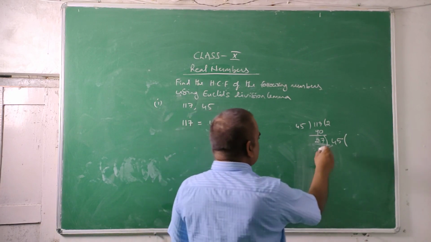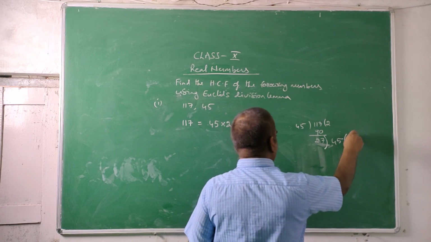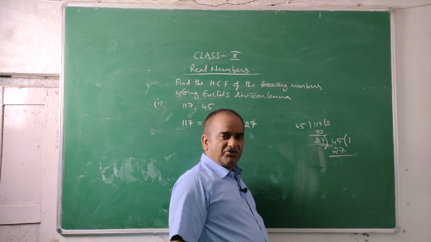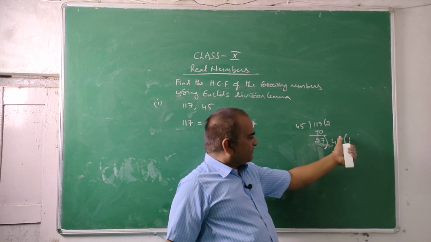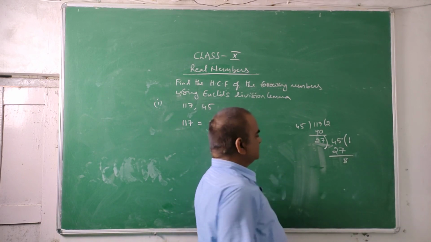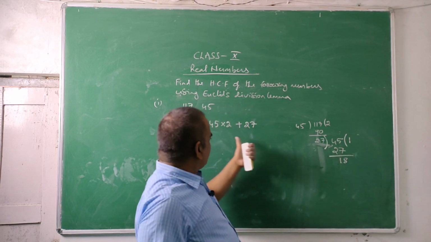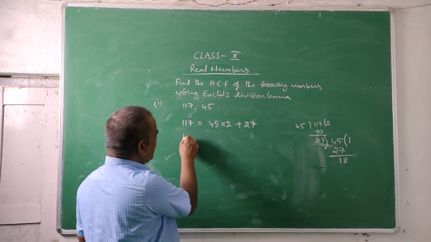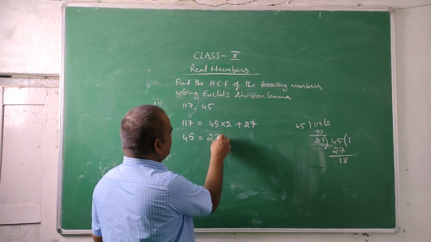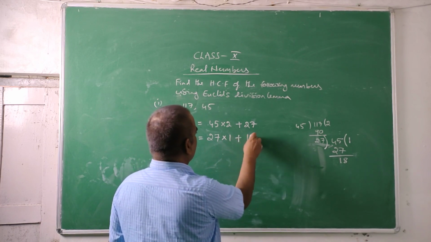Then 27 2s are 54. So you can only take 27 1s are 27. Now 15 minus 7 is 8. So 3 minus 2, 1. So now 45 is equal to 27 into 1 plus 18.